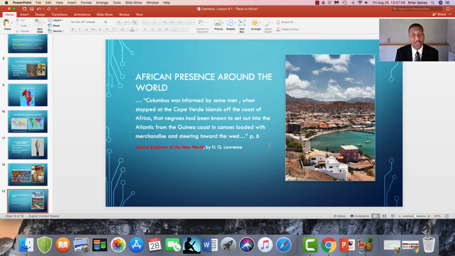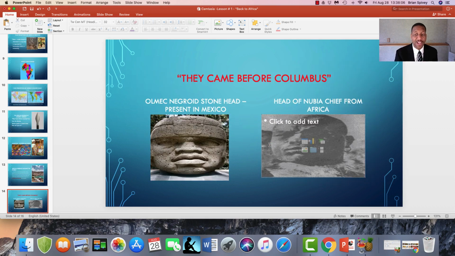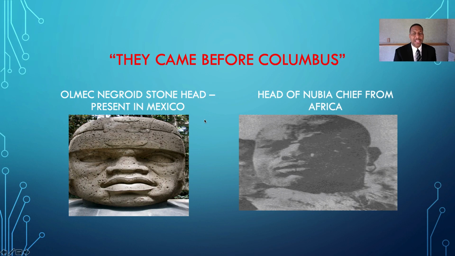So here's another piece of evidence. That may not be the physical evidence because someone said they saw Negroes there, but this is the other physical evidence. They Came Before Columbus is the book that I just read to you. And in that book, we have an Olmec Negroid stone head. And this is present in Mexico.